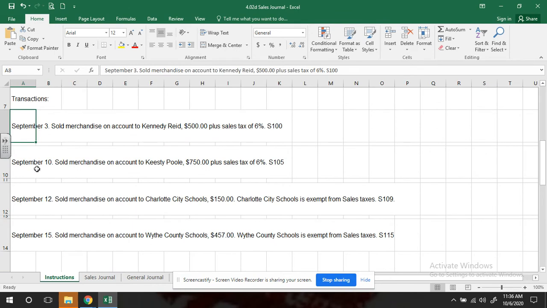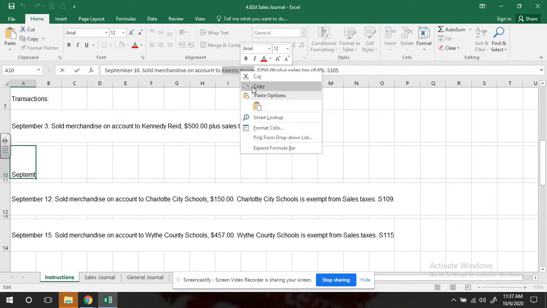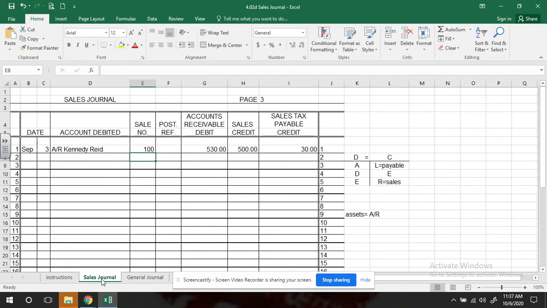Next transaction is on the 10th. Sold merchandise on account to Kisti Pool. And I'm just going to cut and paste her name. So this is on the 10th.